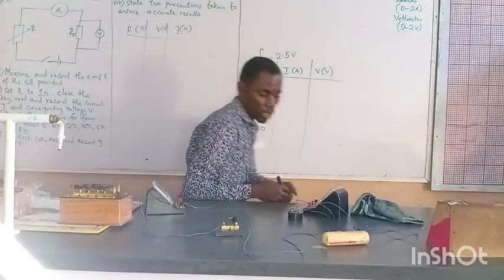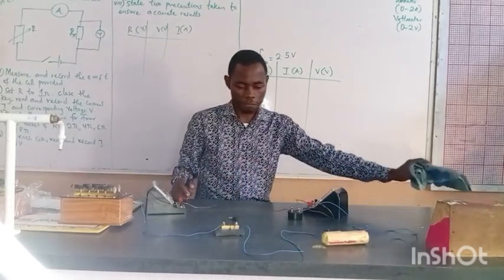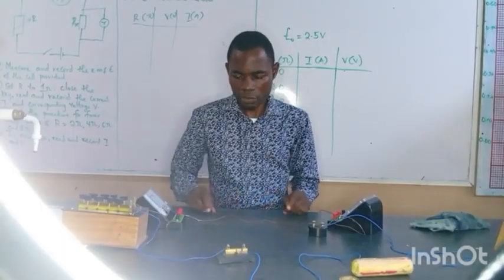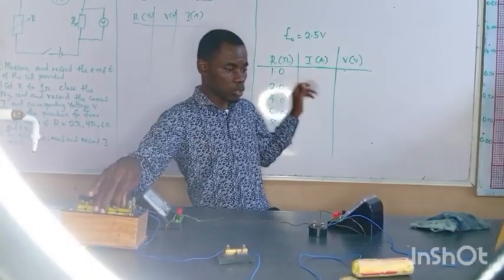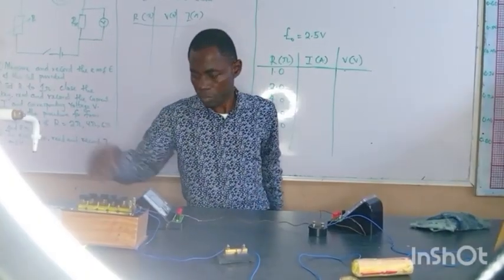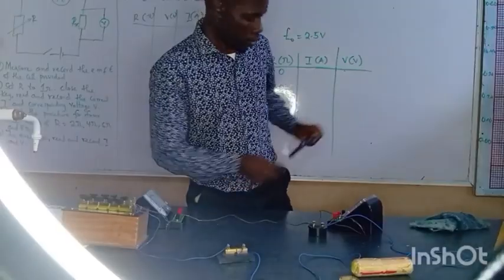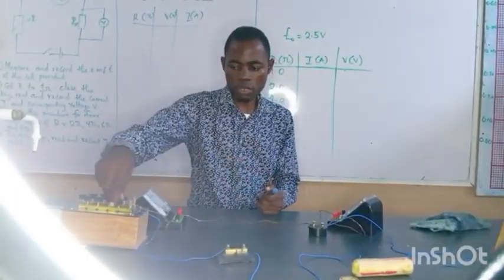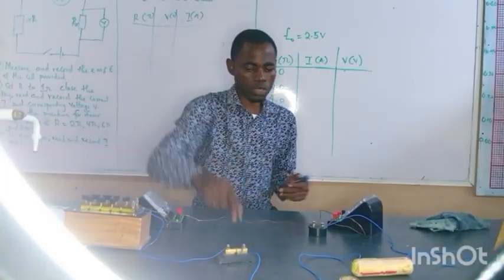Now the readings start, and the experiment starts fully now. The first measurement is to take the 1 ohm resistor. Where's my marker? Okay, my marker is here. I'm taking my 1 ohm resistor.